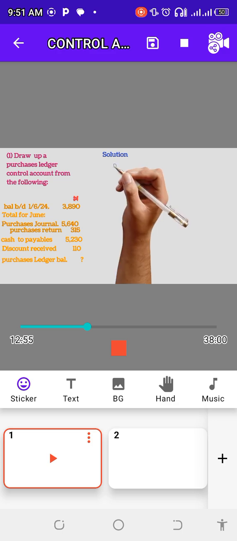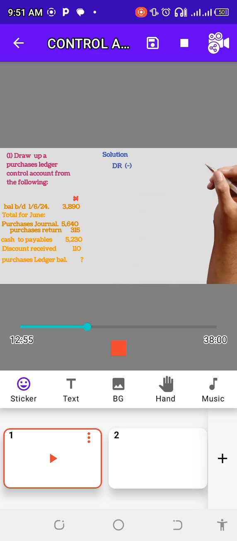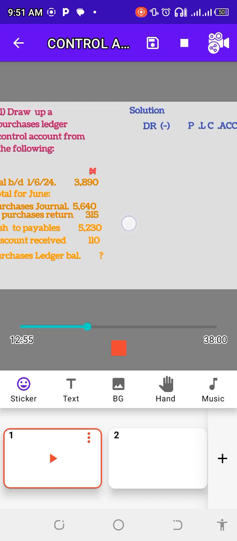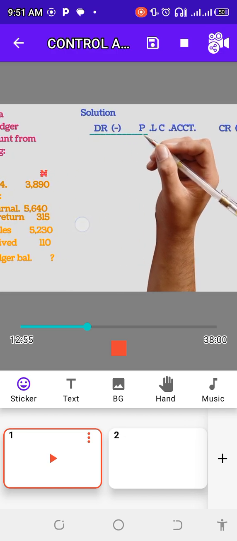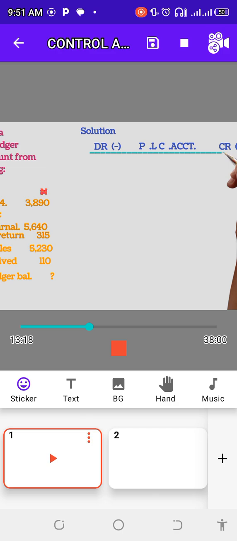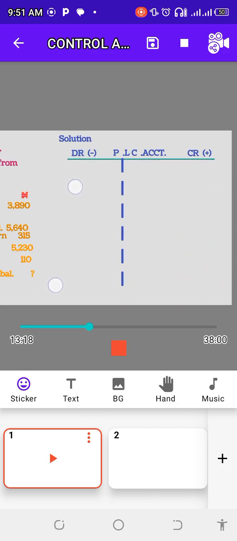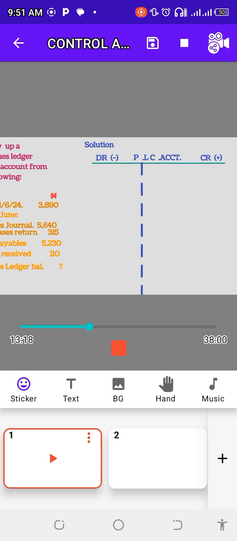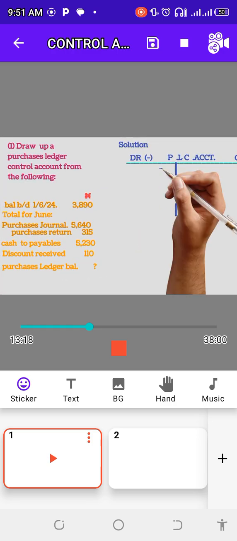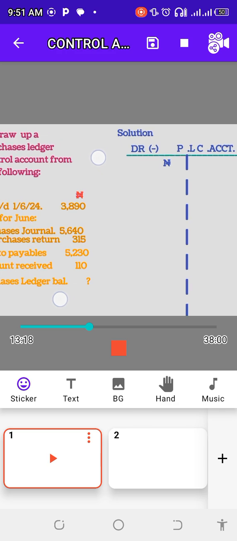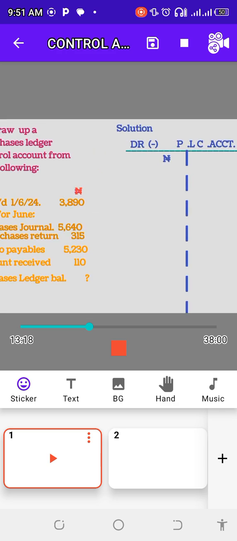Now, from this information we are going to post to the purchases ledger control account. We have the debit, we have the credit. Now the first information there is balance brought down June, which is 3,890.